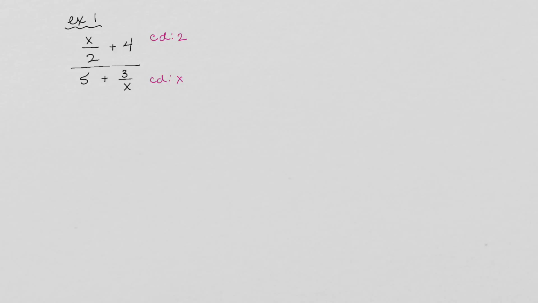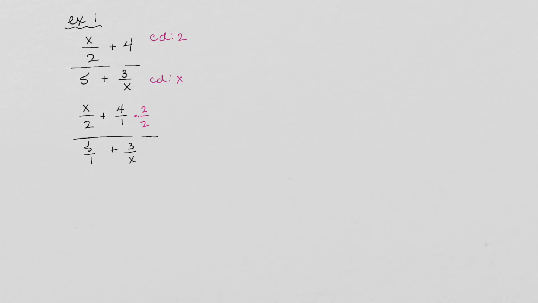That is the numerator as we have it, but I need the 4 to have a denominator of 2. So I'm going to multiply by 2 over 2. And then this is the denominator as it was given to us.